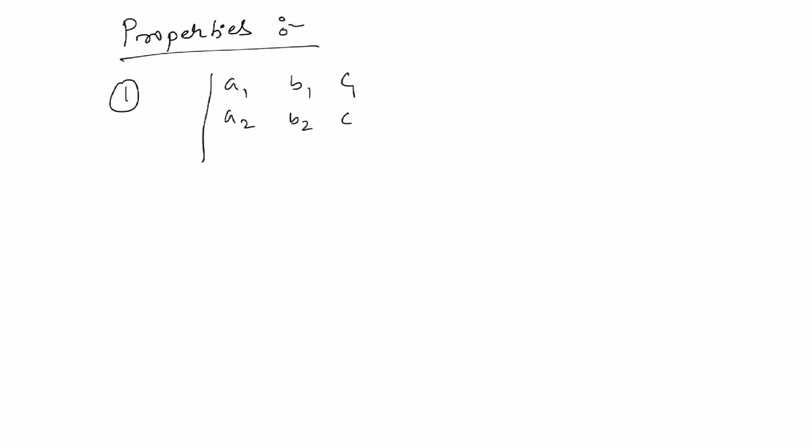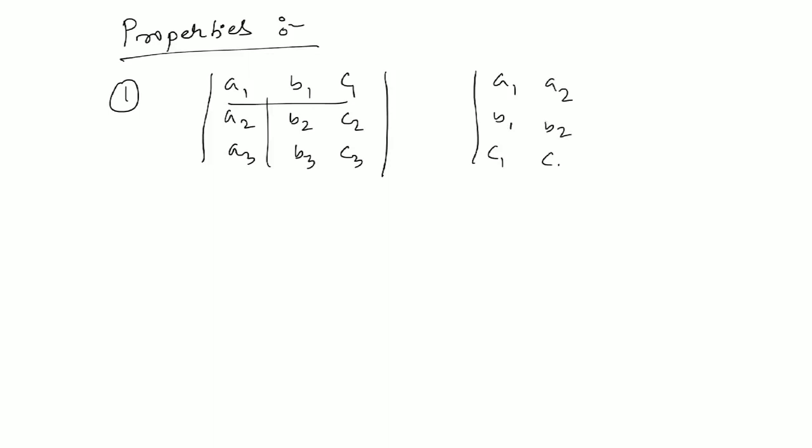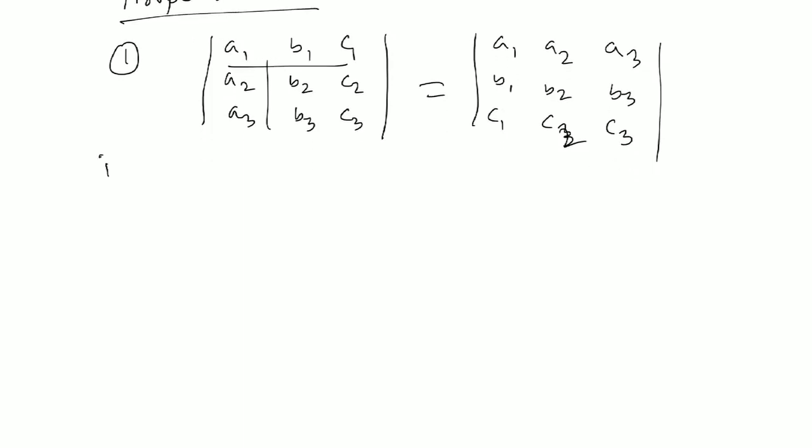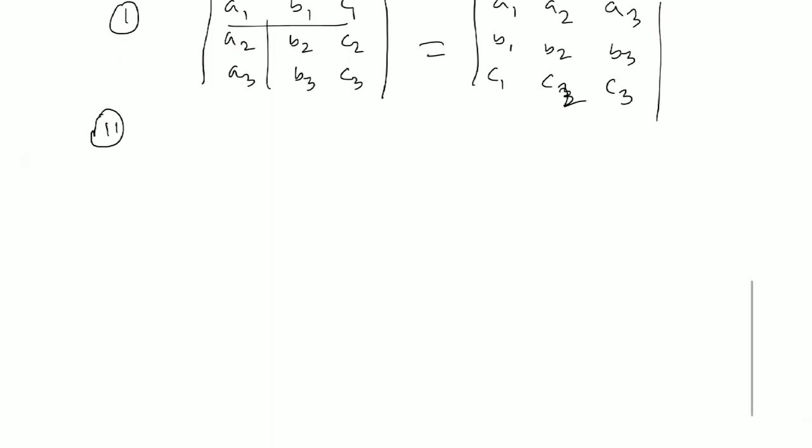Suppose you have a determinant a1 b1 c1, a2 b2 c2, and a3 b3 c3, and you interchange the rows and columns, so the first row becomes the first column, the second row becomes the second column, and the third row becomes the third column. In that way you have taken the transpose of the matrix. In that case the value of the determinant will remain unchanged.